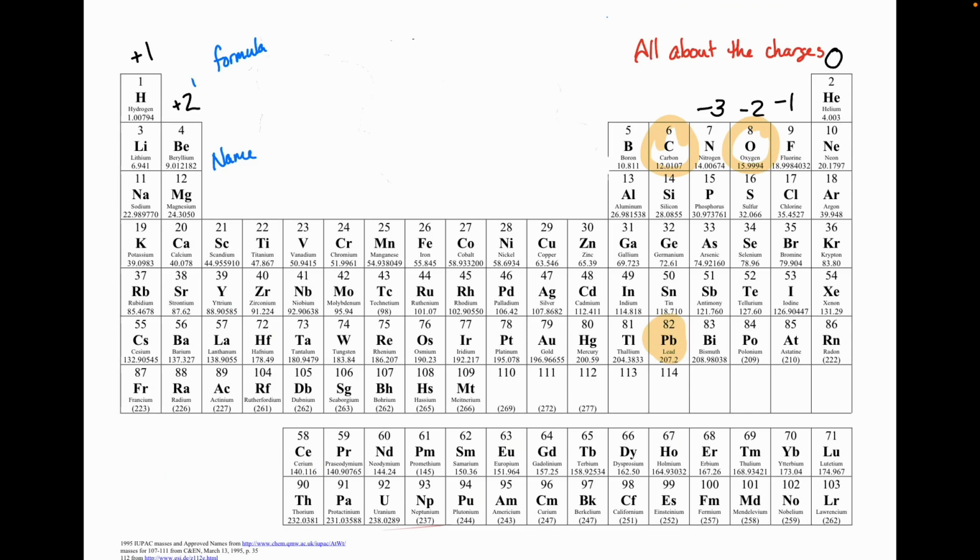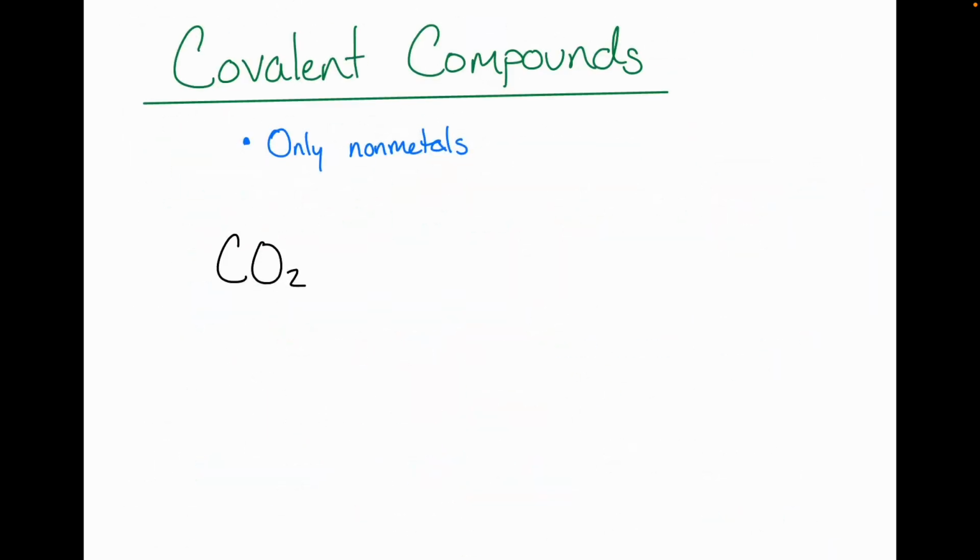All right? Now, CO2, I think everybody might have a sense of what that is just from like pop culture. What is that molecule? What's the name of that molecule right there? Carbon dioxide. And so here's going to be the big difference between our ionic compounds and our covalent compounds.